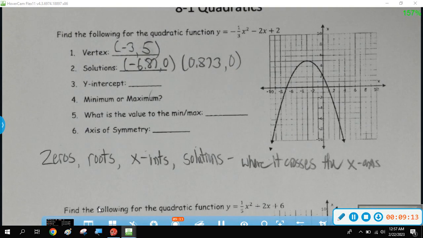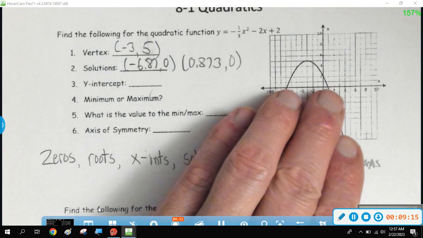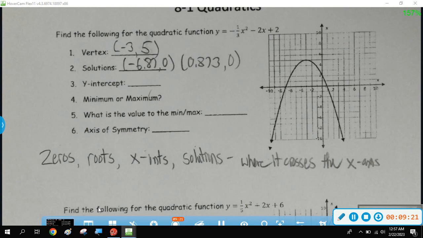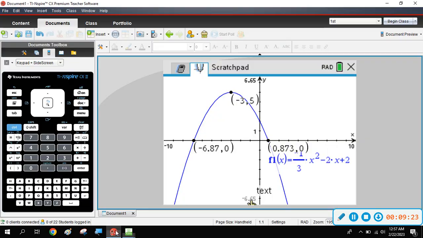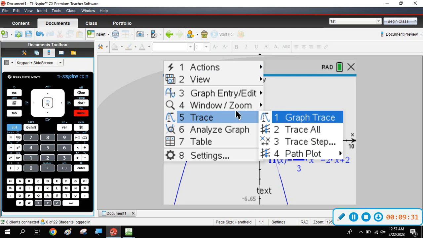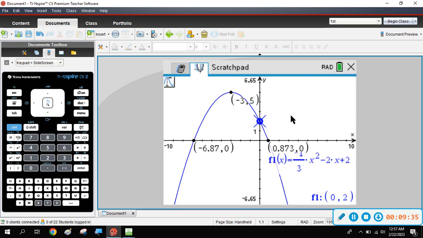All right. What do we want next? We want the y-intercept. We can eyeball it based on the way it looks on the graph. However, if we want to make sure that we have the exact y-intercept, we'll go back to the calculator once again. And so in order to find the y-intercept, we go Menu, but this time we go to Trace instead of Analyze Graph, and then go to Graph Trace. Now, typically it will start on the y-intercept.